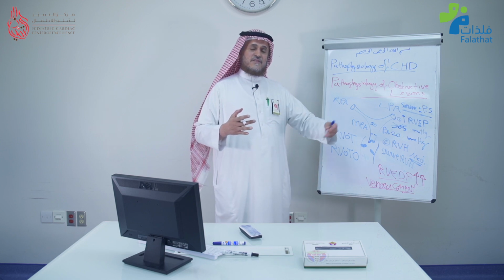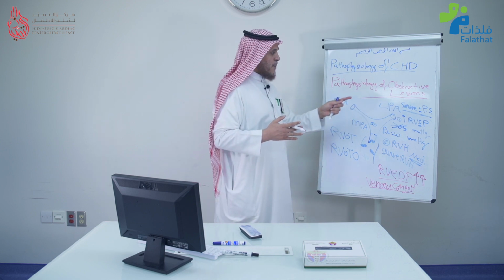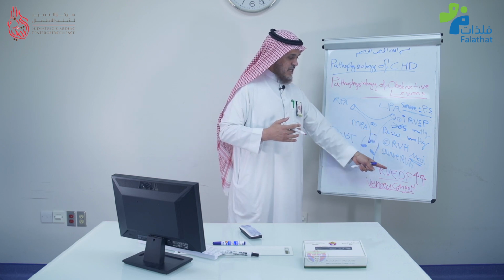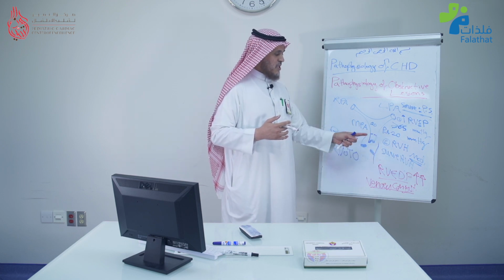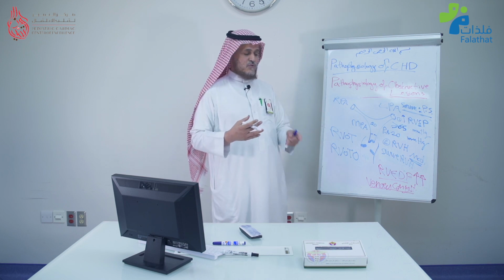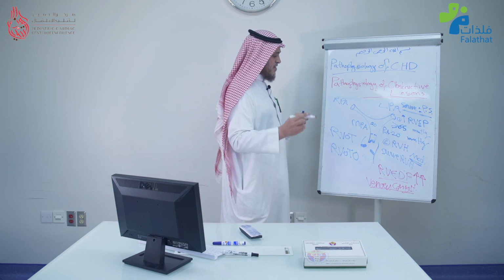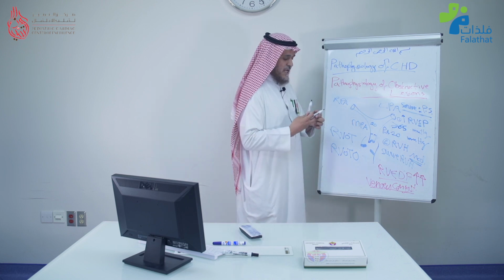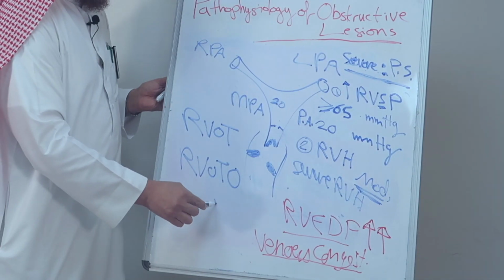It's usually months to years before this severe PS starts to affect the systolic function and elevates the right ventricular pressure so much that the cardiac output cannot be maintained. We get the venous congestion, and at that stage, you may see the right to left shunt.